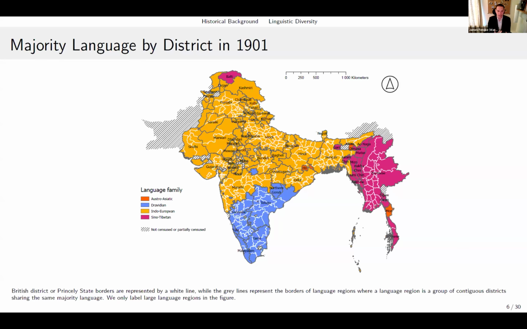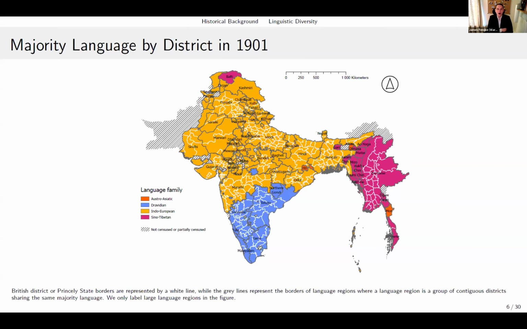In blue, you see Dravidian languages in the south. The Sino-Tibetan language that's going to feature most in our 1901 regressions is going to be Burmese. And you can see a couple pockets of places where an Austroasiatic language is the most spoken language in a district, but obviously it's one of the smaller groups.